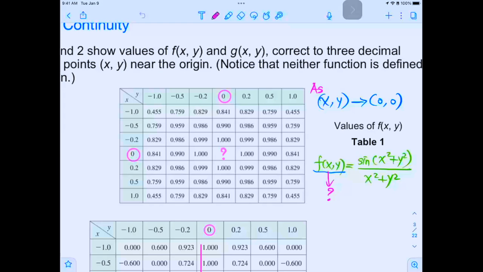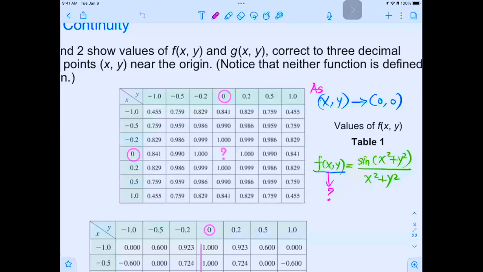You keep the x fixed to be 0, and you let the y vary, so the y approaches 0. Then you see that it's going to approach 1. And then here you keep the y to be 0 and you let the x vary, and you see that it's also approaching 1. So 1 is actually a reasonable number that you take.